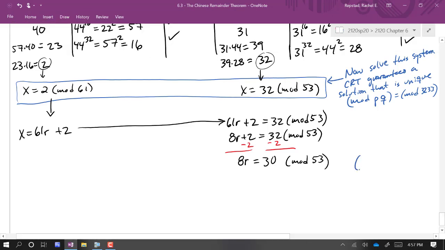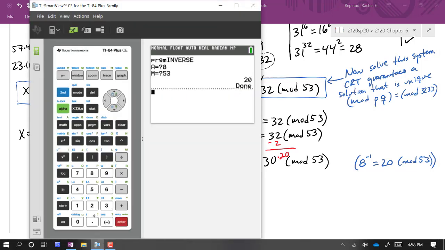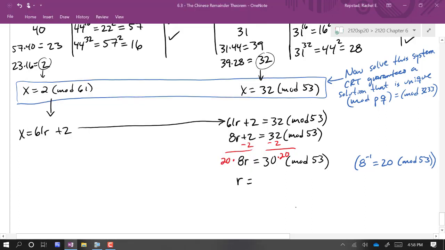So 8 inverse is equal to 20 mod 53. I'm multiplying both sides by 20. On the left side, 8 times 20, I know that's 1. That's how I chose 20. And on the right side, 30 times 20 mod 53 is 17.